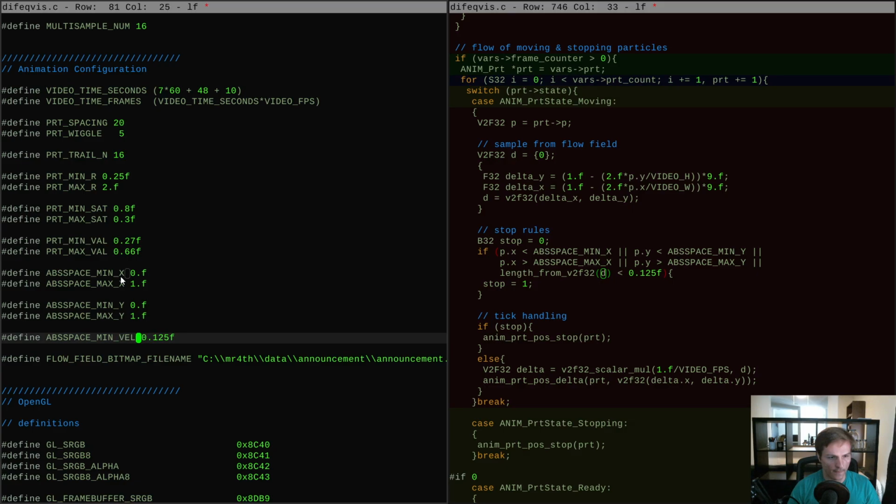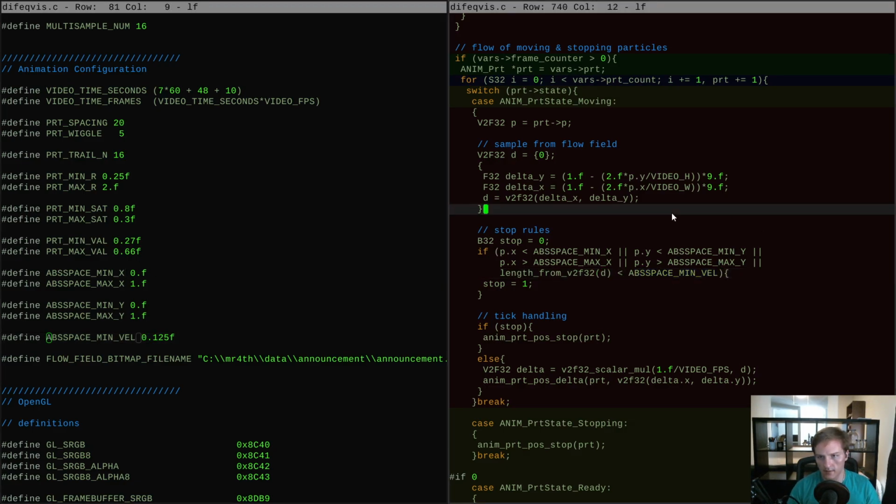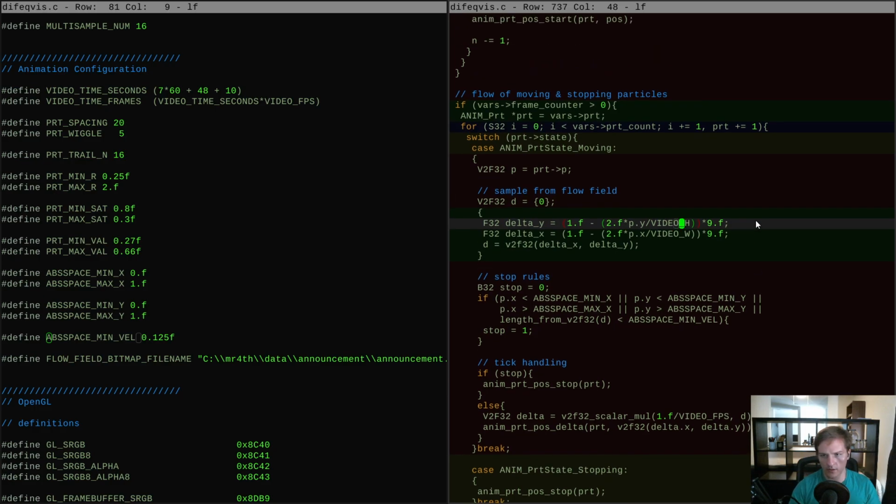Now that looks like that. We no longer care about the video width. We're going to use the abstract space width and the abstract space height.